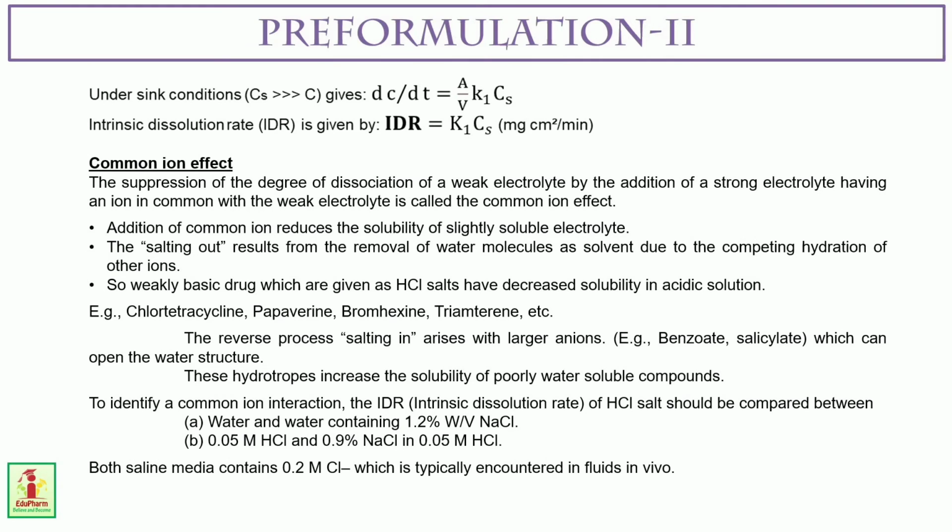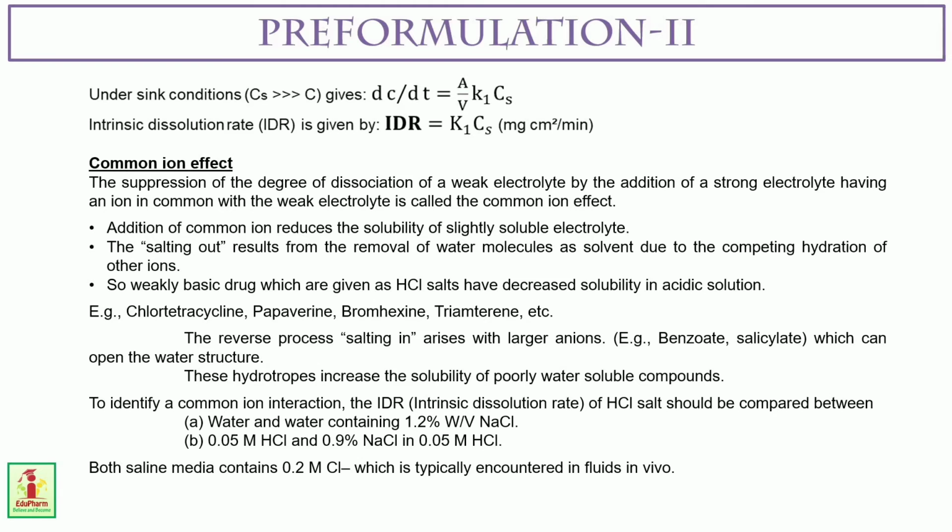Now what is common ion effect? The suppression of the degree of dissociation of a weak electrolyte by the addition of a strong electrolyte having an ion in common with the weak electrolyte is called the common ion effect. Addition of common ion reduces the solubility of slightly soluble electrolyte.